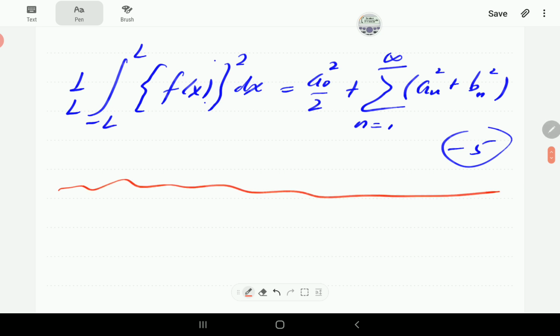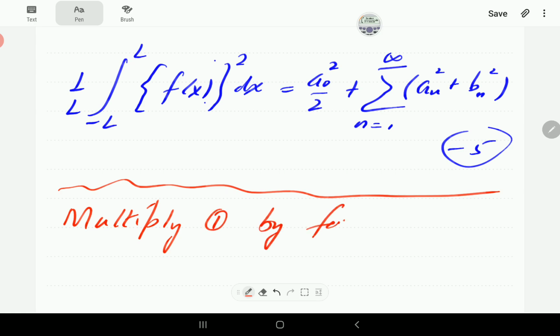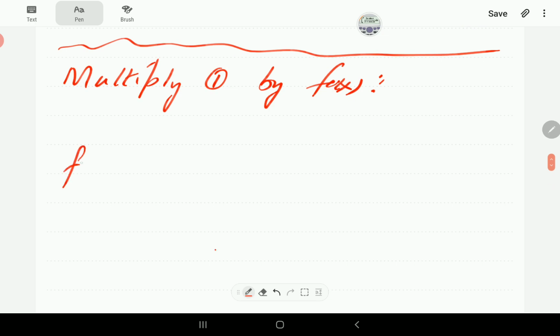So if we start with 1, what we're going to do is multiply 1 by f of x. On the left hand side, we're going to have f of x squared. On the right hand side, we're going to have a naught over 2 times f of x.